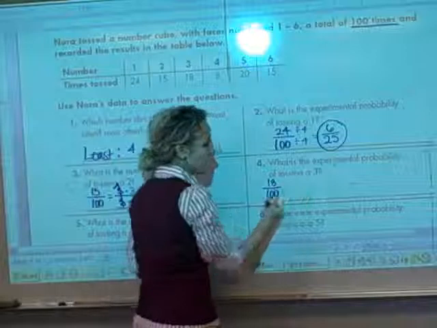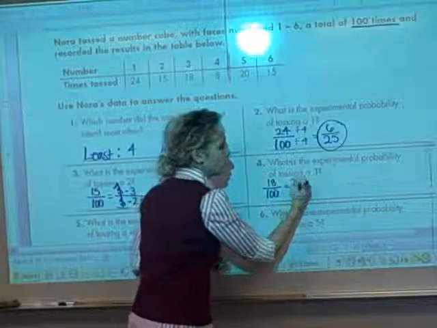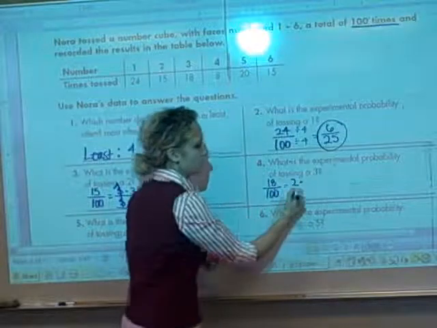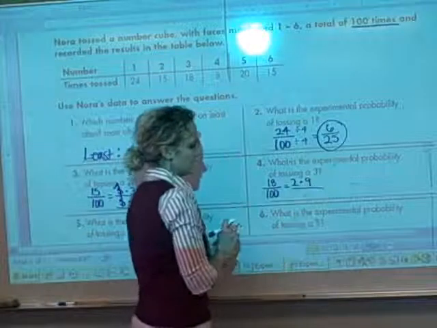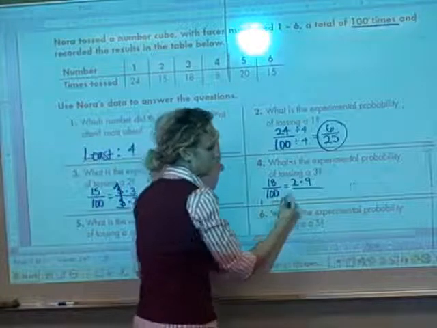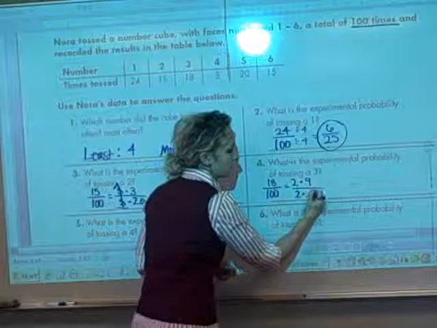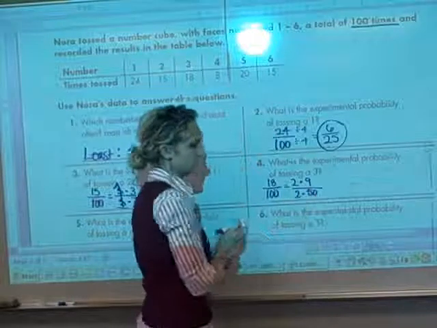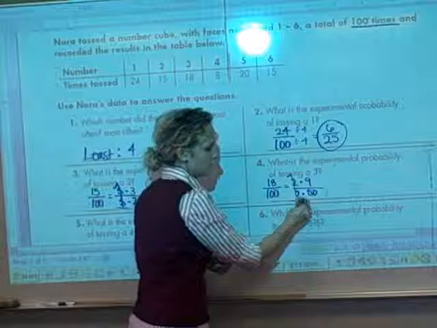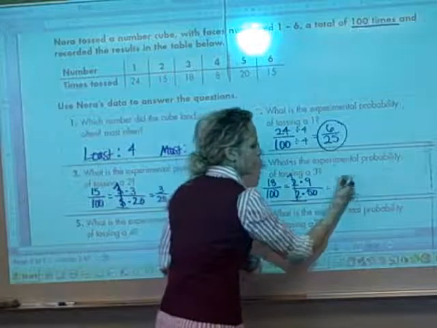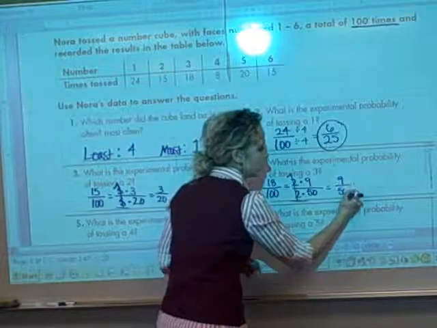They're both divisible by 2, so I want to write them both as 2 times something. Well, 2 times 9 is 18. And down here, if I write this 100 as 2 times something, 2 times 50. 2 over 2 is 1. So I'm left with 9 over 50.